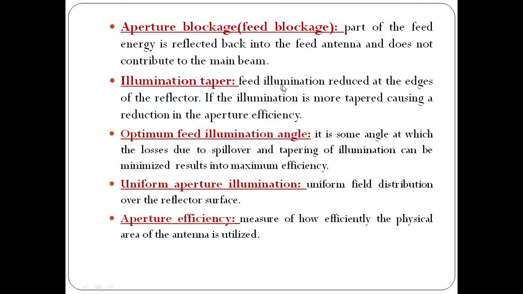As I have already mentioned in the last slide, the spillover loss can be easily controlled by tapering the illumination at the edges. Feed illumination is reduced at the edges of the reflector. If the illumination is more tapered, then again there is a problem, because that results in a reduction in the aperture efficiency.